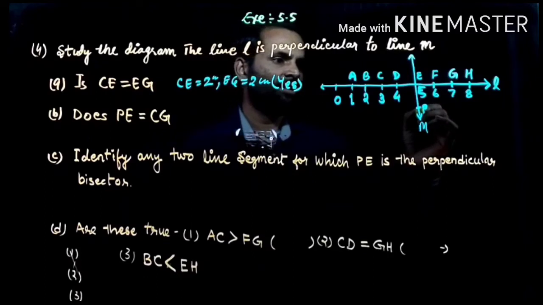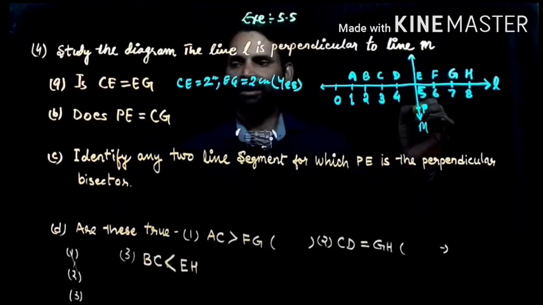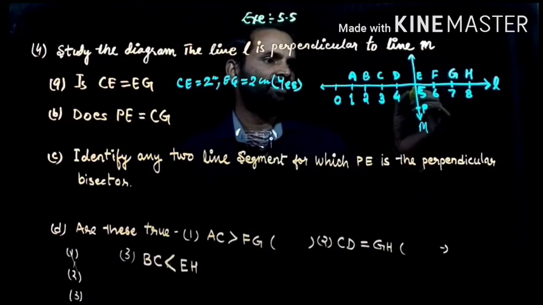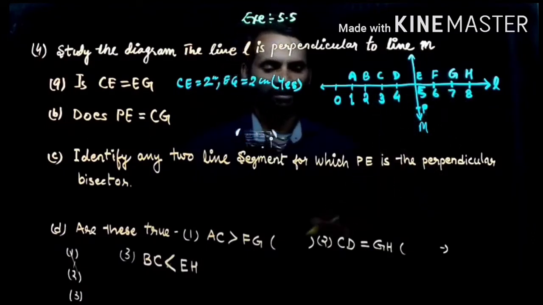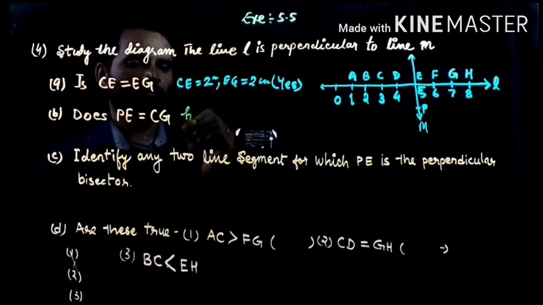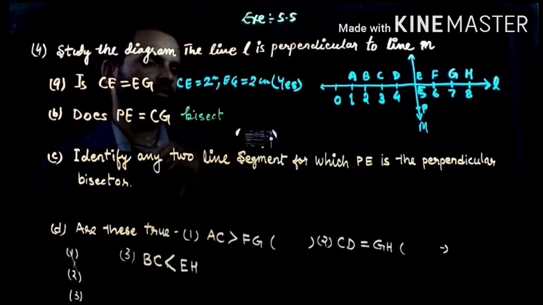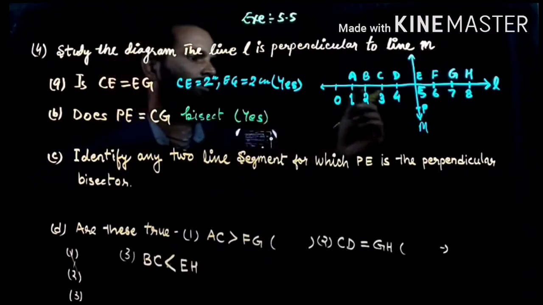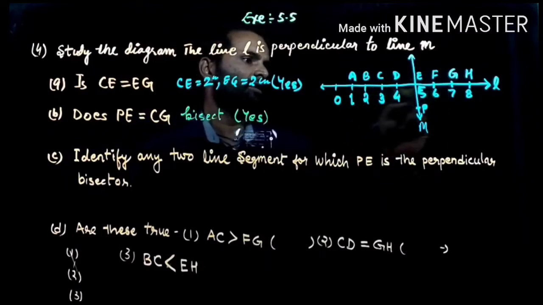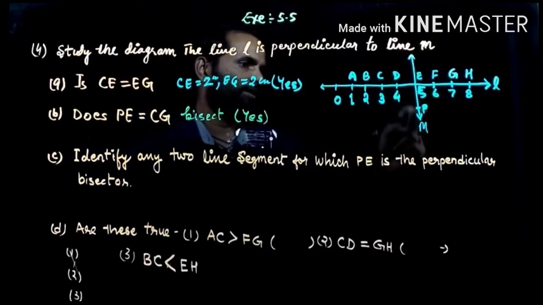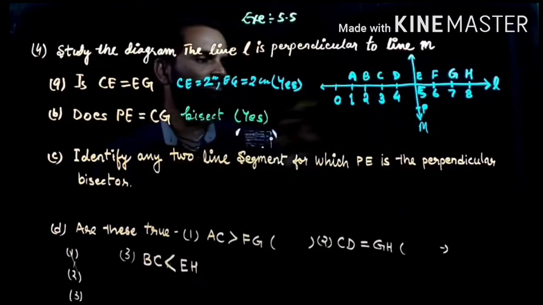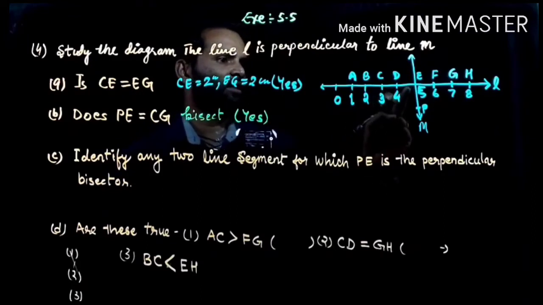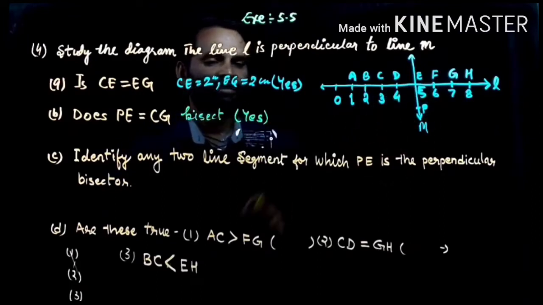And CG. Okay, so this is the bisect. Bisect means this answer is yes, because CG is 4 centimeters, and this is the bisector of PE. So PE and CG are equal.